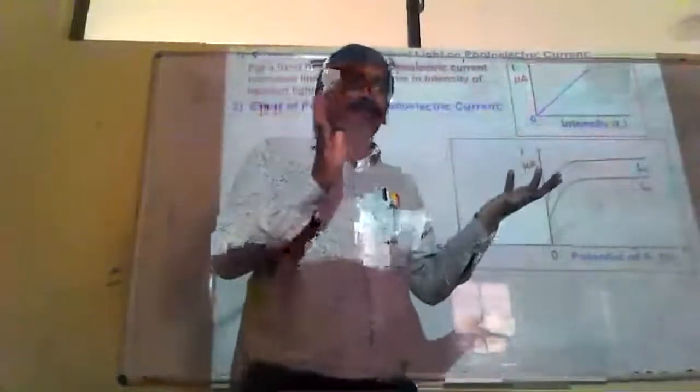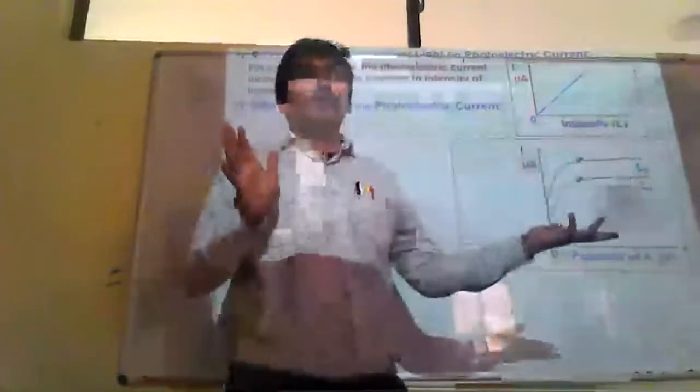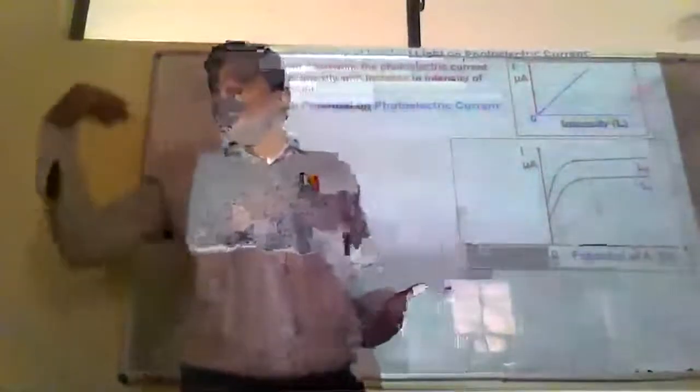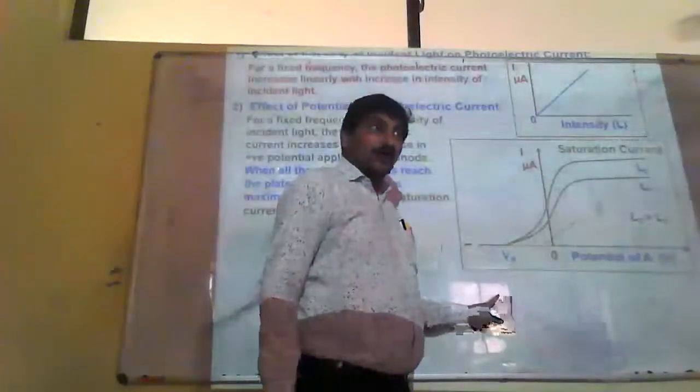Electron is also negative, so negative will repel it back. So electrons will not reach the anode terminal.